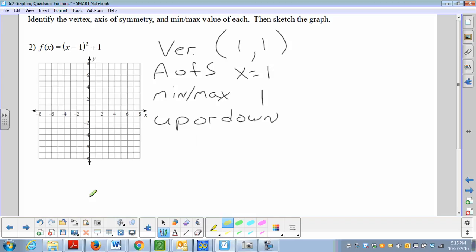And to tell whether it opens up or down, we want to go off of the a value. There's no number here for the a value other than the understood 1, but it's positive, so that's going to let us know it's going to open up.